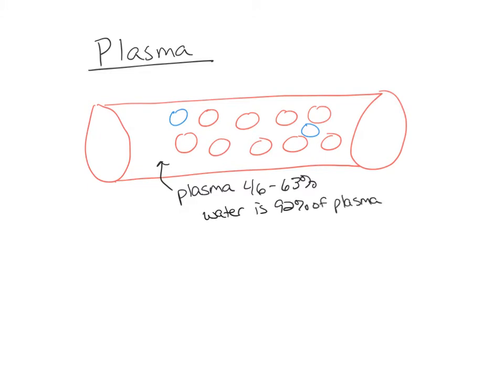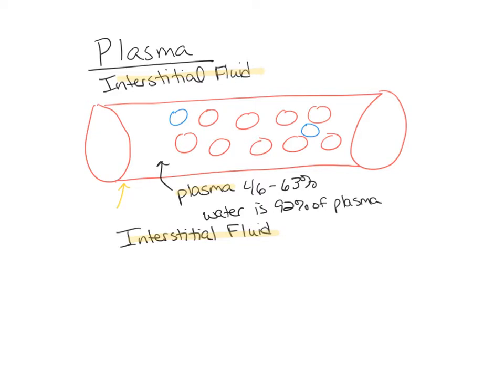Surrounding the blood vessel is a fluid called the interstitial fluid. Both the plasma and the interstitial fluid are extracellular fluids because they're not inside those cells, but they are separated by the lining of the blood vessel wall. Both the plasma and the interstitial fluid have about equal concentrations of the major plasma ions like sodium, potassium, and chloride.